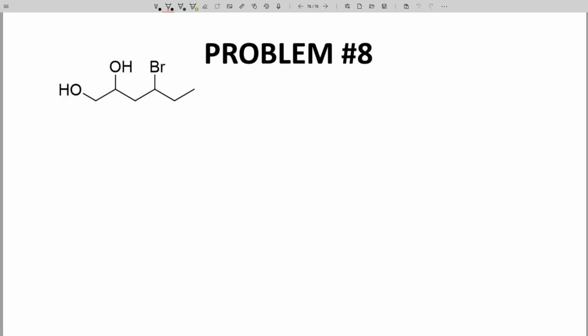So in this question we have 2 of the same priority functional group. We have 2 alcohols. So it's pretty clear we're going to start numbering this chain, which doesn't even have any branches, on the left, because both those alcohols can't be at carbon 1. So we'll number at the end of the chain, 2, 3, 4, 5, 6.